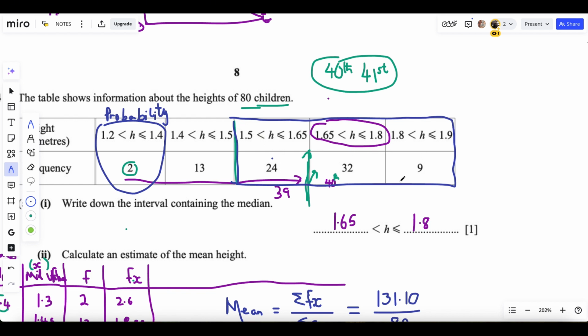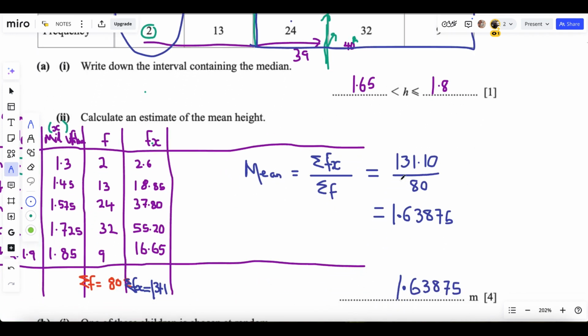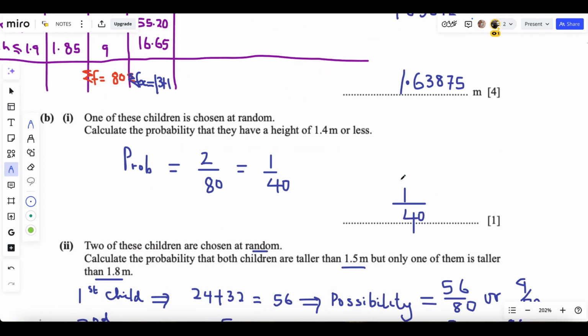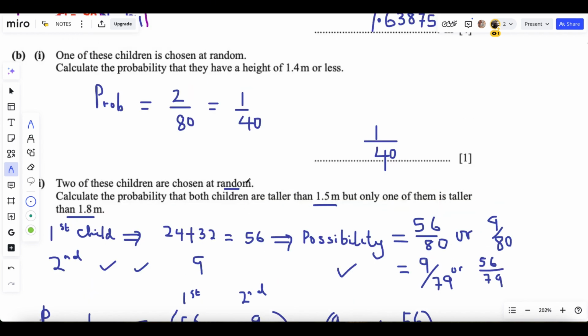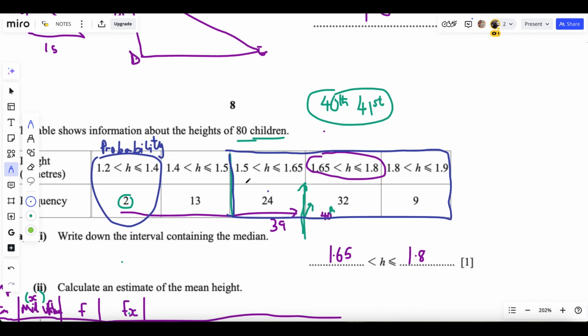So we say the probability that the first child is taller, we give all the possibilities. The first child taller than 1.5 but less than 1.8. Look at it, taller than 1.5 but less than 1.8 is only this column, 24 and 32. You add them together, you're going to get 56. For one child this covers this possibility.